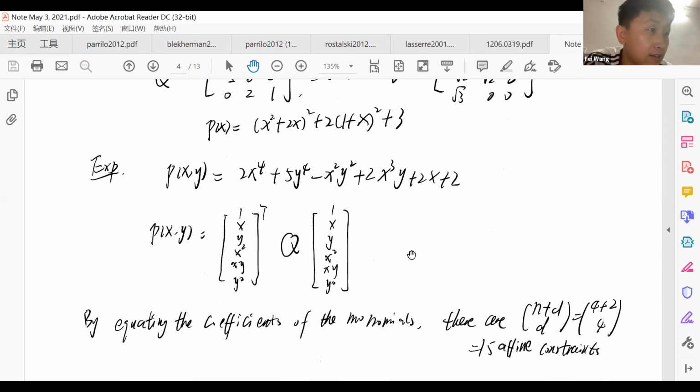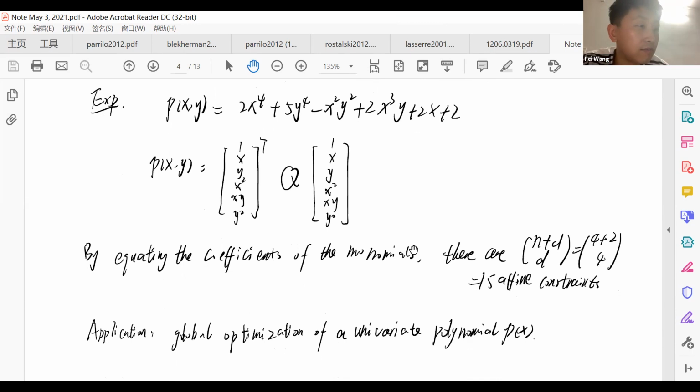Now let's see a multivariate example. Let's say we have a bivariate polynomial p(x,y). This can be done similarly. We want to see if this polynomial can be written as a sum of squares.